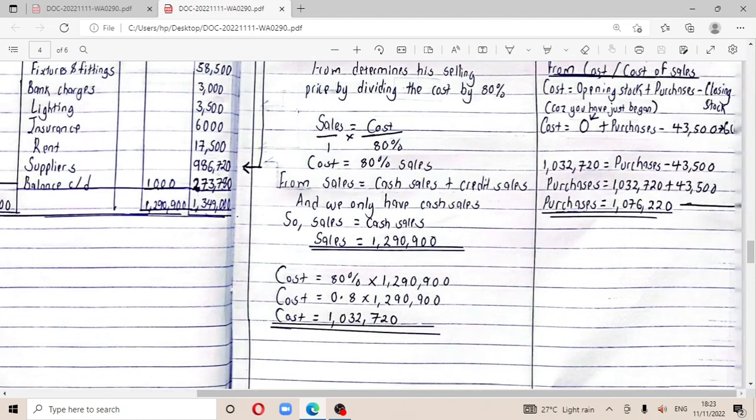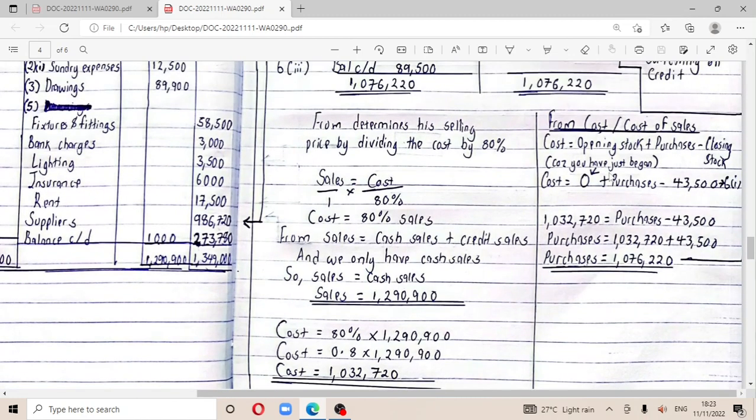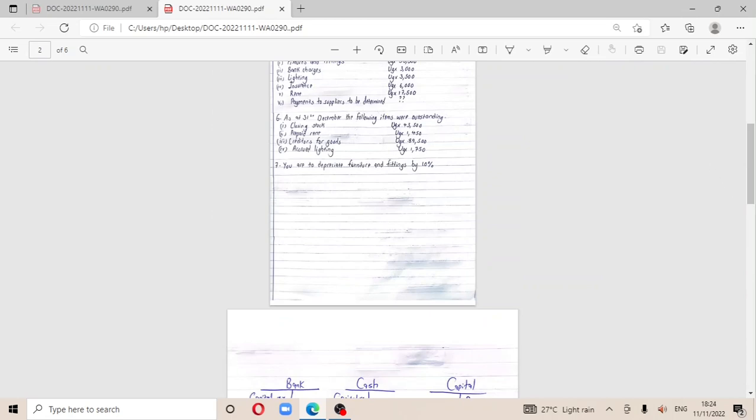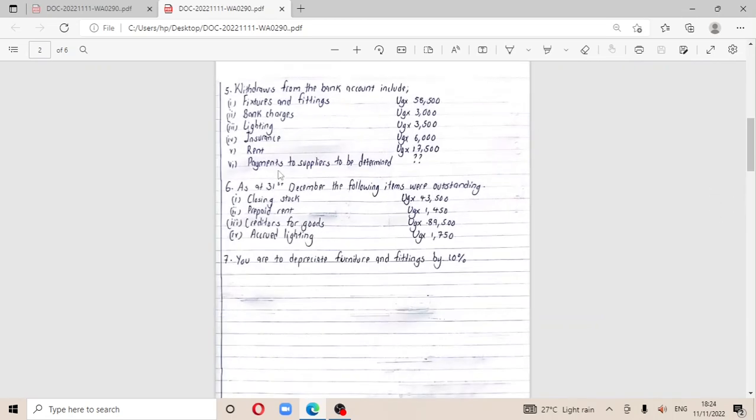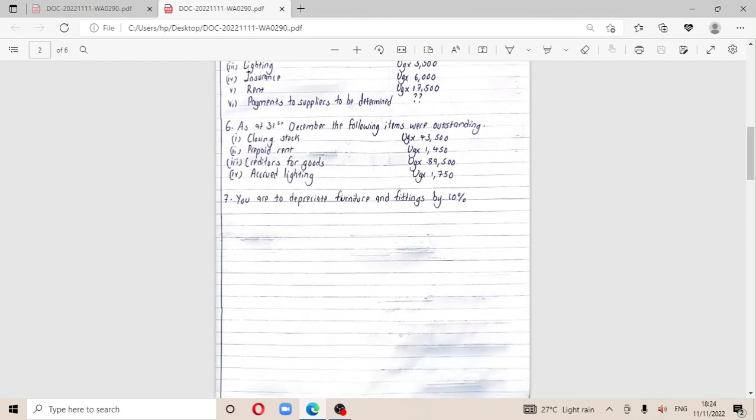Having determined that, since you know from cost of sales, cost is equal to opening stock plus purchases minus closing stock. But remember, you have just started business, so you don't have your opening stock. So opening stock is 0. So cost is equal to 0 plus the purchases minus the closing stock from note number 6, which talks about the closing stock. You can see closing stock is right here, which is 43,500.